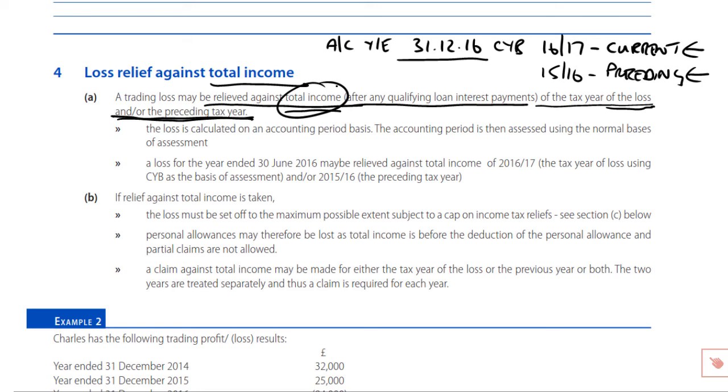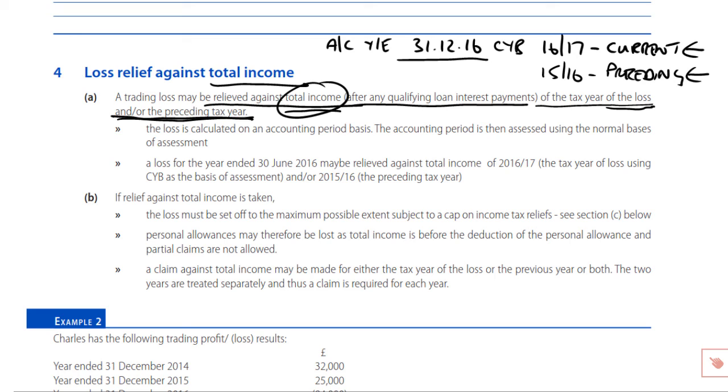As we know, we calculate the loss for each accounting period, and the accounting period is then assessed using the normal bases of assessment, what you have seen in Chapter 6. All that we're saying is that if you make a loss, then the assessment is nil, and you can then set off against the total income of the current tax year and or the preceding tax year.